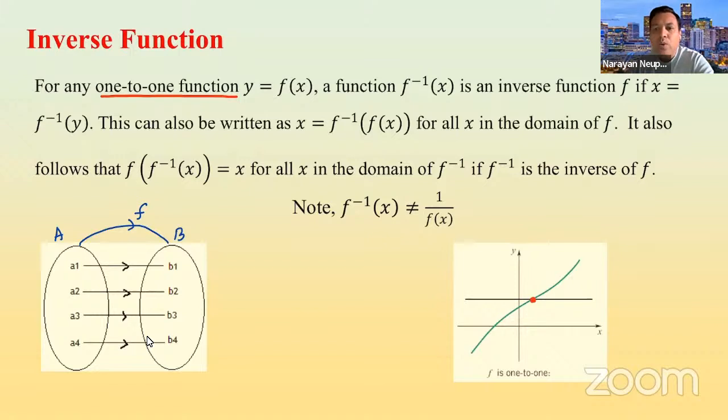So if the function is one-to-one, then we can find the inverse of the function. Here in the first diagram, from set A to set B, we have the function f. Now we can define another function from set B to set A in the opposite direction. We call that function the inverse function.